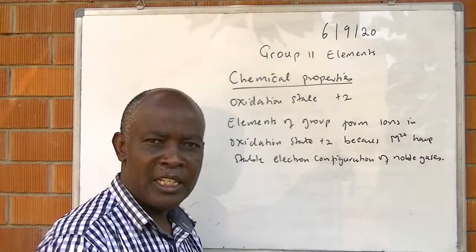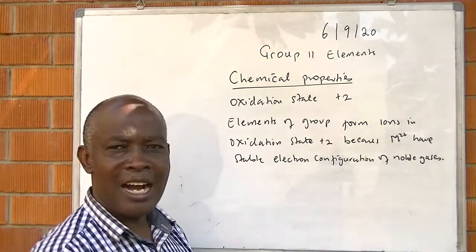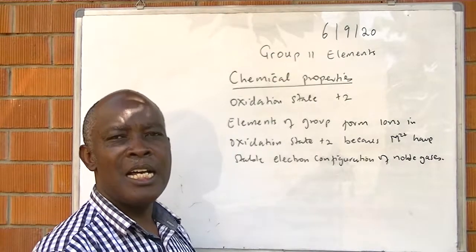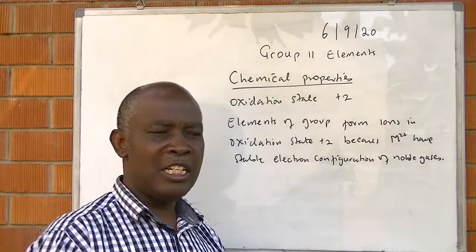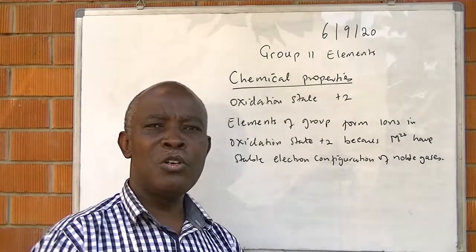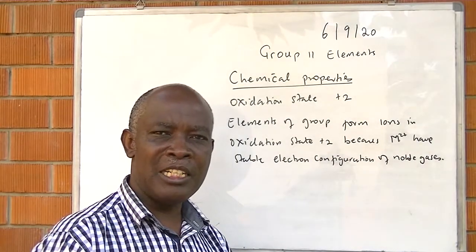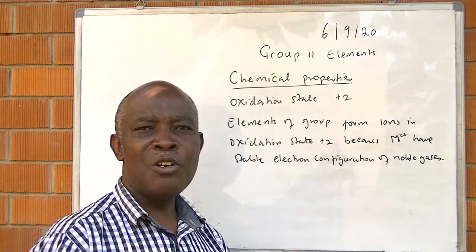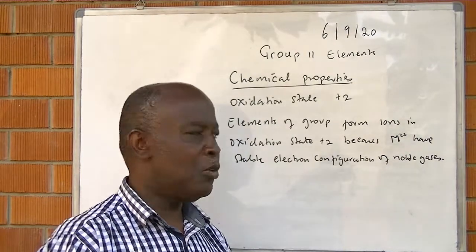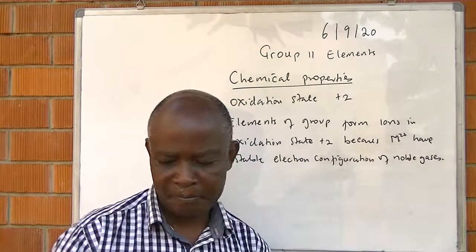So elements in group 2 are unlikely to form ions in oxidation state positive 1 because ions in oxidation state positive 1 have got unstable electron configuration.